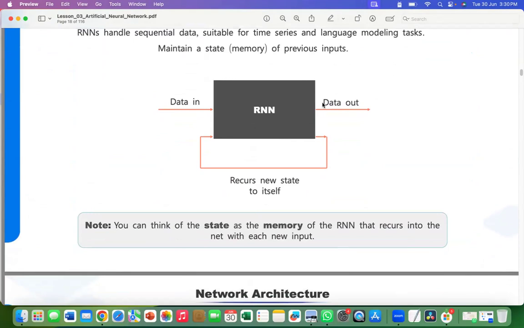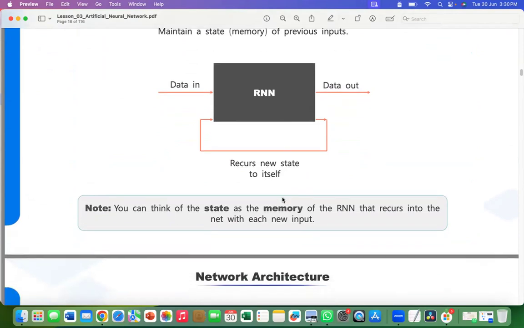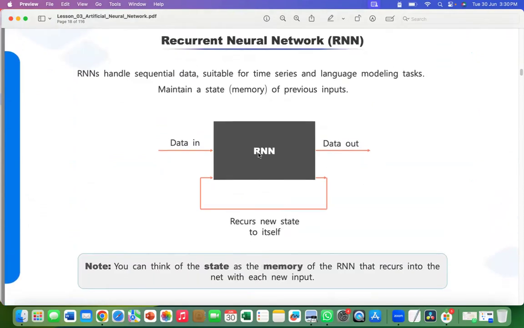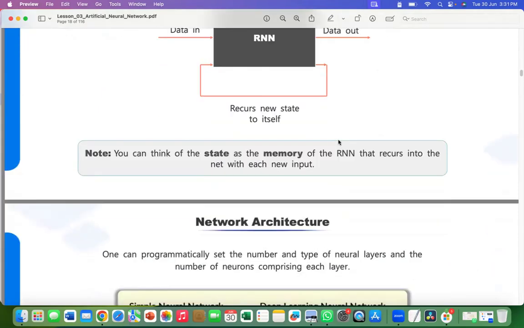Data in, RNN, data out, recurs new state to itself. So we can think of the state as the memory of the RNN that recurs into the net with its new input. So here it can keep information about the previous input. So memory is associated with the recurrent neural network.